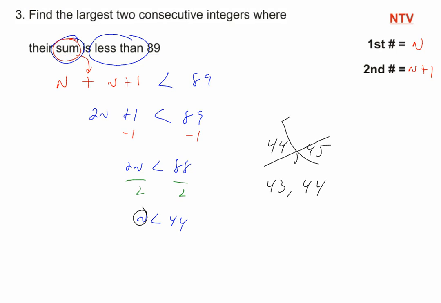What's the biggest number that's less than 44? 43. And therefore the next number is 44. And those are the two where when you add them, you're less than 89. Right? So of course, the majority is not always right, are they?